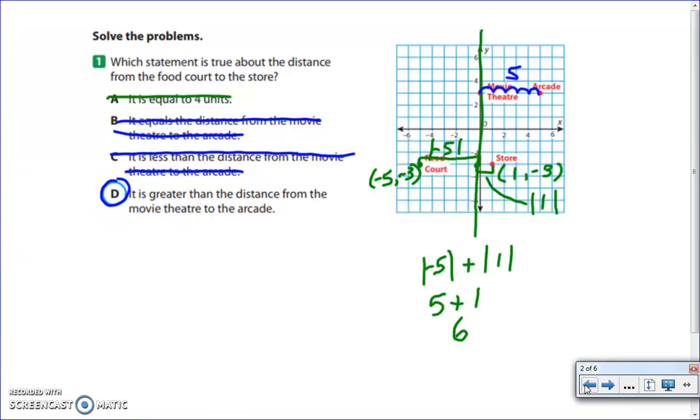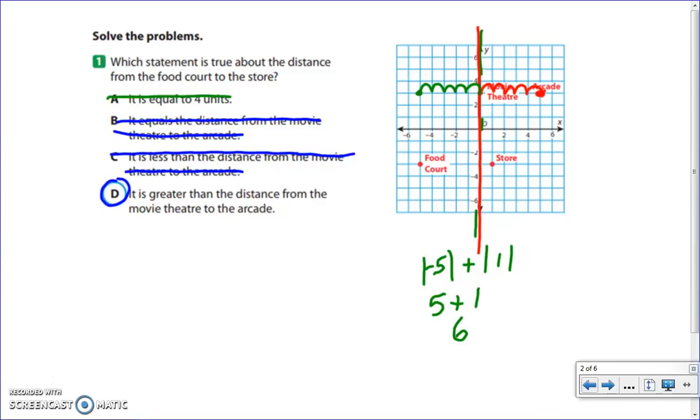We need to find the arcade, so I'm going to erase some of this here for this problem. So the arcade is here. And we know that the new coffee shop will be exactly on the other side of the y-axis from the arcade. So this is the y-axis. And I know that the arcade, 2, 3, 4, 5, is 5 away from the y-axis. So the reflection point would be exactly 5 more away from the y-axis on the other side.